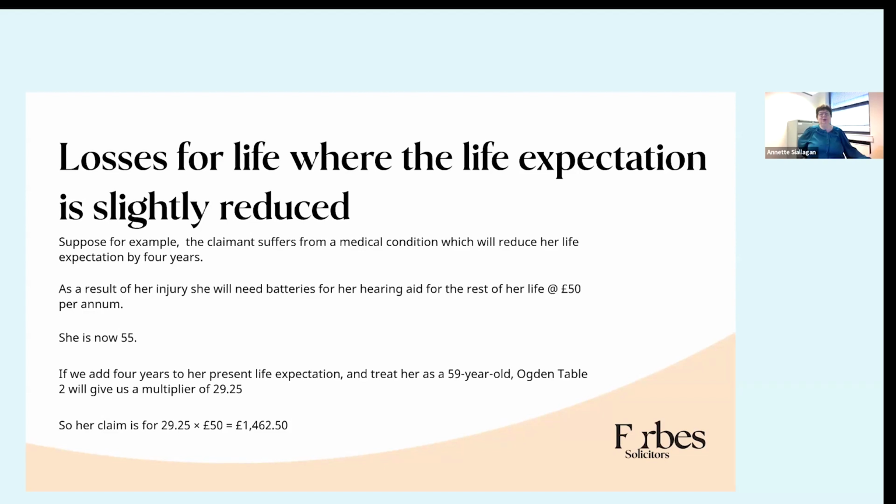For example, someone has a medical condition which reduces her life expectancy by 4 years. And you would normally use table 2, but because the life expectancy is reduced, you would probably use a calculation by treating that person as a 59-year-old rather than as a 55-year-old.